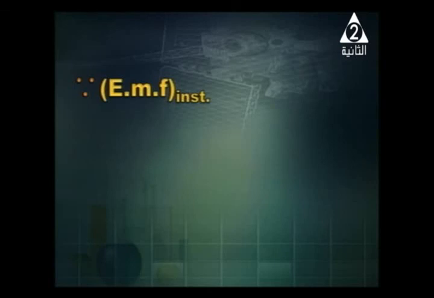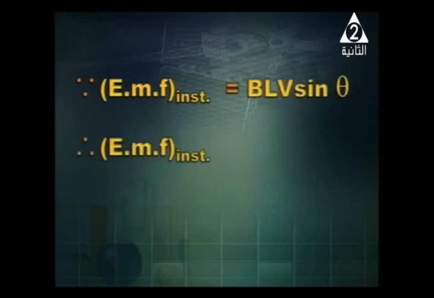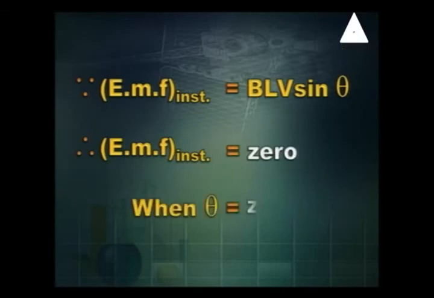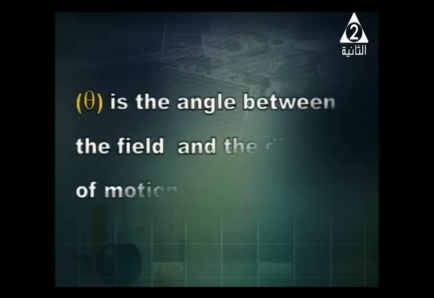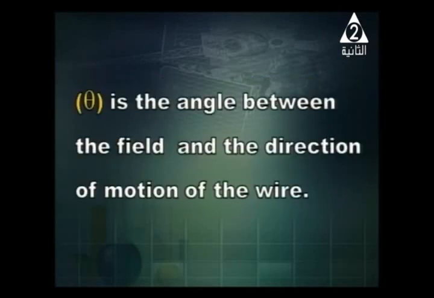EMF induced equals BLV sine theta. So it will be equal to 0 when theta is 0 as sine 0 equals 0. And don't ever forget, theta is the angle between field lines and direction of motion of the wire.